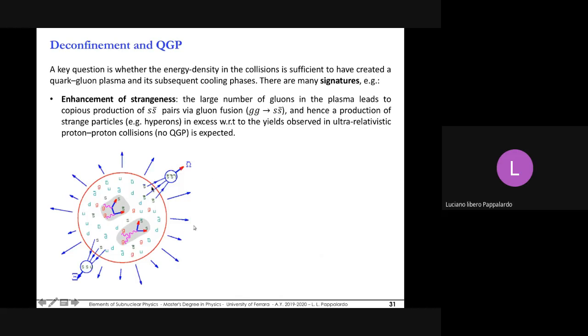As a consequence, when the system expands and cools down, these strange quarks will hadronize, and so will form strange baryons or strange mesons, such as the Xi, the Omega minus, etc. And hence one expects that the production of strange particles, essentially of hyperons, increases compared to the case where no QGP is formed, which is, for instance, in proton-proton collisions.